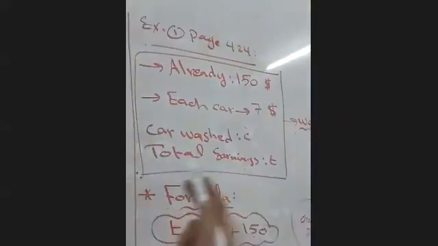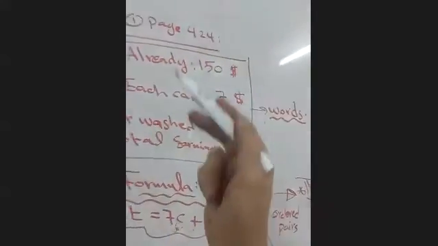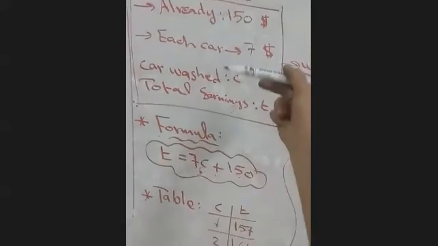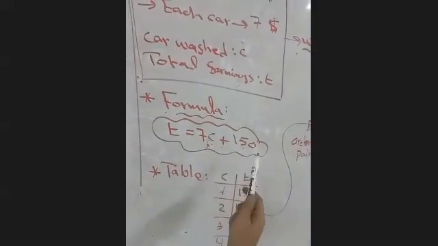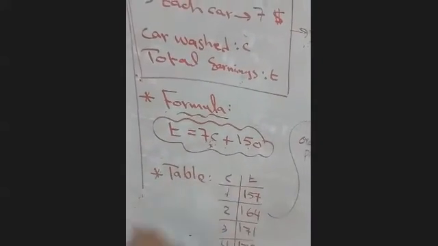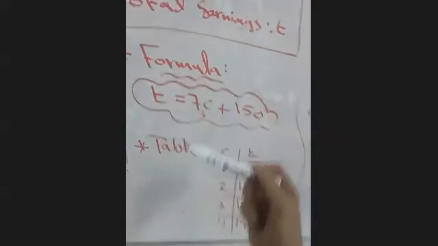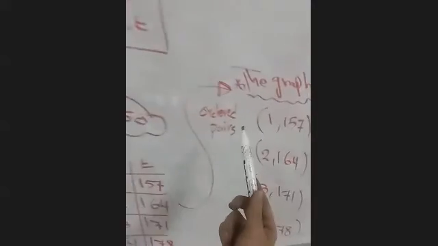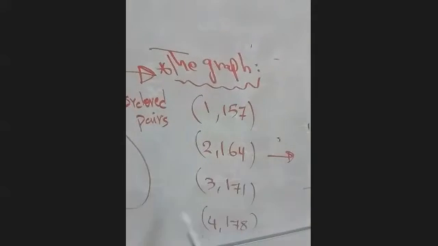This is the context, the text, the words, the question itself. We call it words. This we call a representation. From the words, we can have the formula. From the formula, we make a table. From the table, we make ordered pairs. From the ordered pairs, we make the graph.